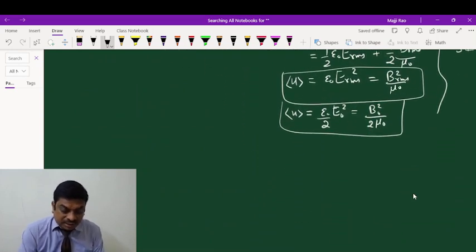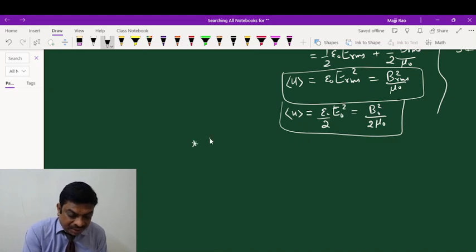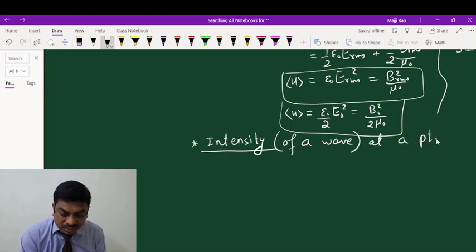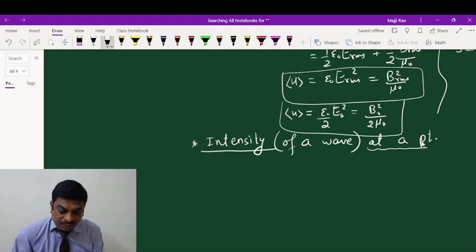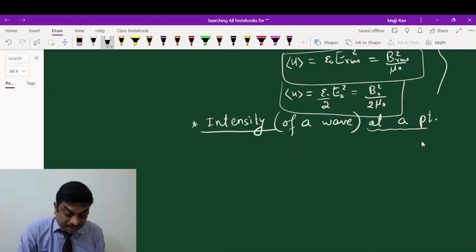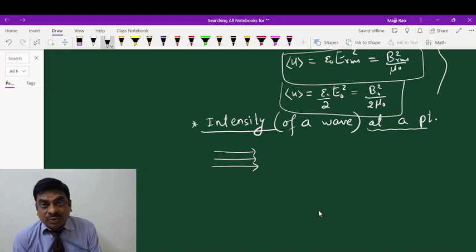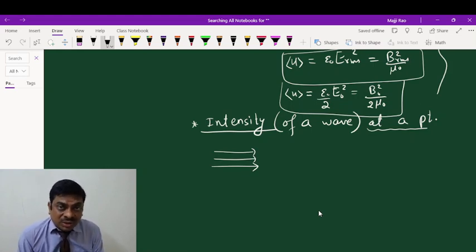Right. Next, we'll talk of intensity. Intensity of a wave at a point. So what does it basically mean? Suppose the energy carried by the wave is flowing like this, because as a matter of fact, you know that energy is always associated with the wave.